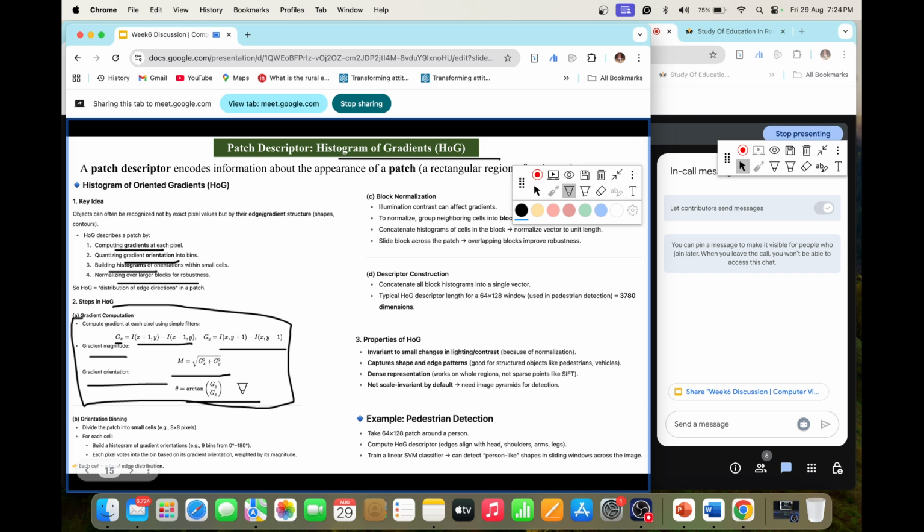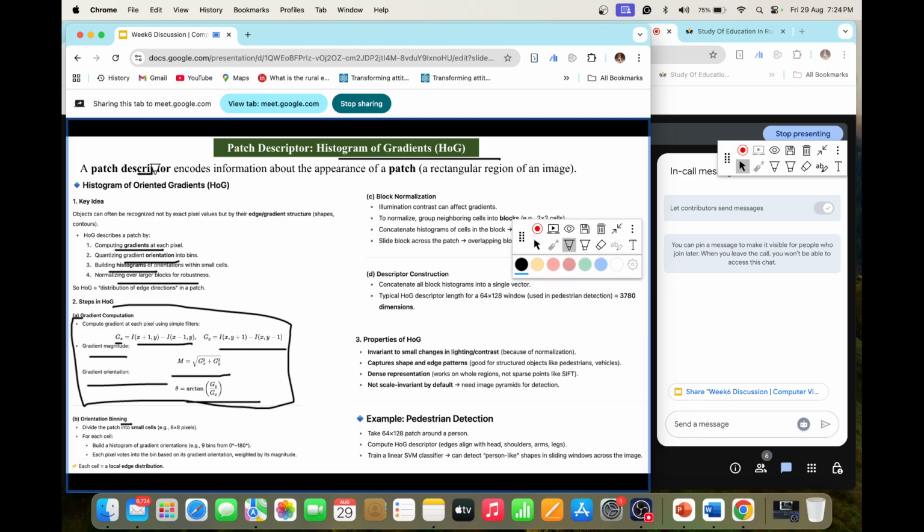Then we do the orientation binning and so on; you can just read it. So again I am repeating, a patch descriptor encodes information about the appearance of a patch, a rectangular region of an image. We are focusing on a patch. We get the oriented gradients and then do the histogram of them.